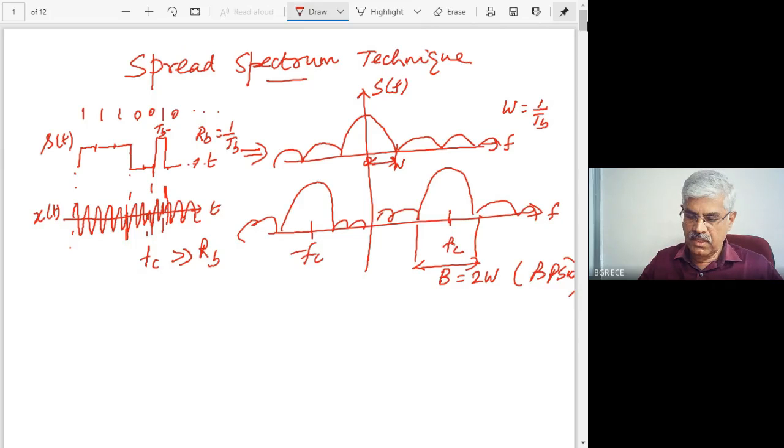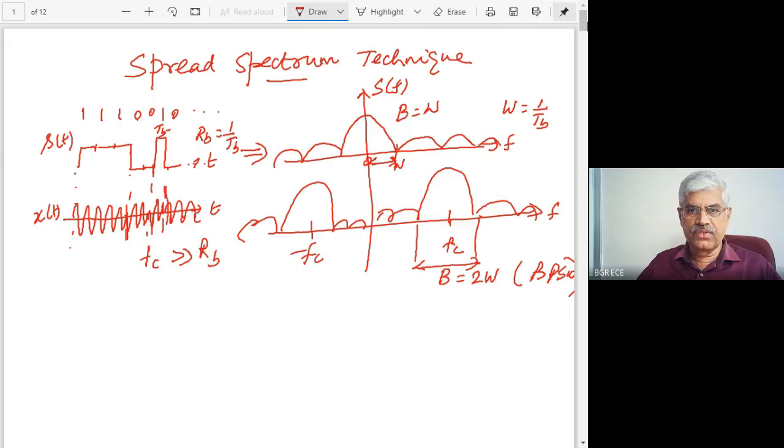This is B. In this case, B is equal to W, here B is equal to 2W. So for the sake of explaining the spread spectrum technique, I will consider a baseband communication so that it is easy for us to understand the technique.